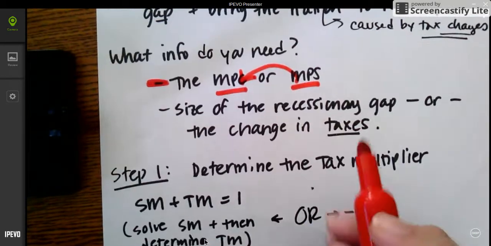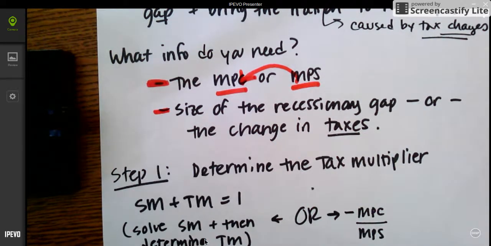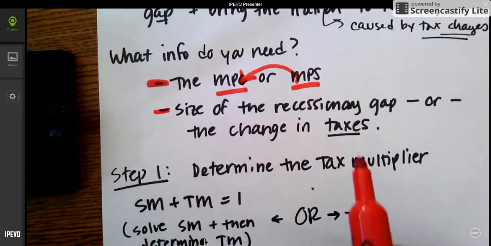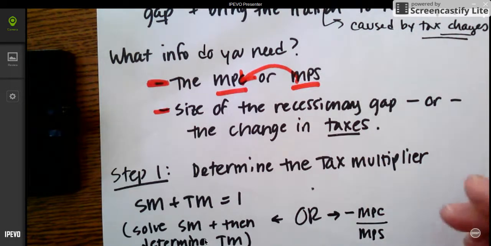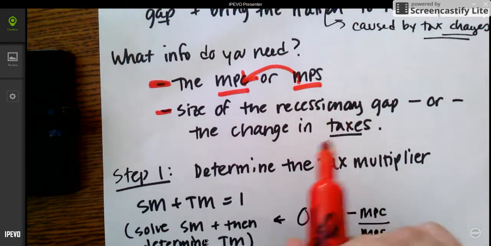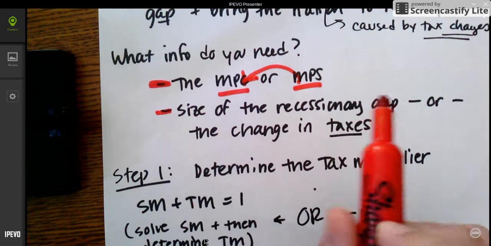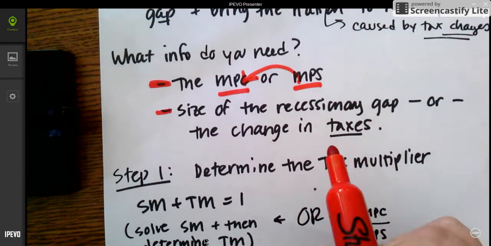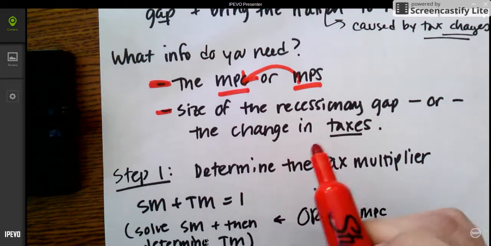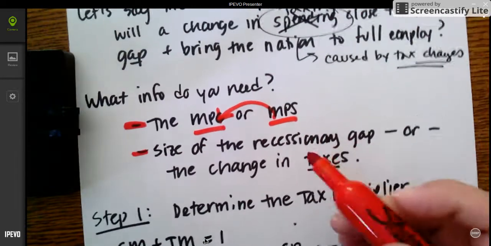You're going to need to know the size of the recessionary gap or how much the government is going to change in taxes. And there's FRQs and multiple choice questions out there where we can look at them and we can see the different ways in which you're either given the change in taxes or the change in GDP or the size of the recessionary gap. And basically, they're all getting at one big idea.